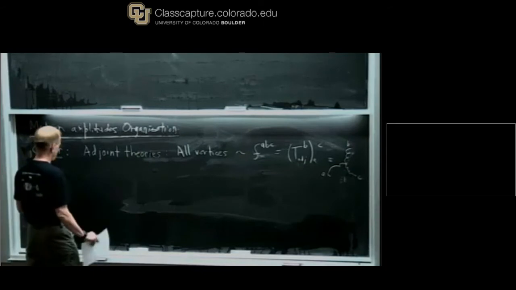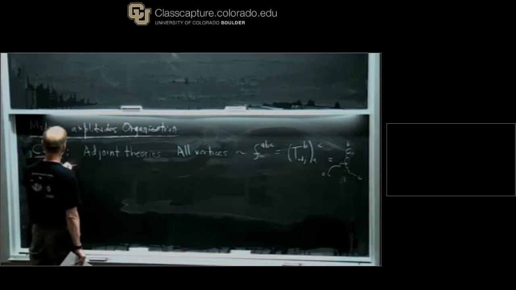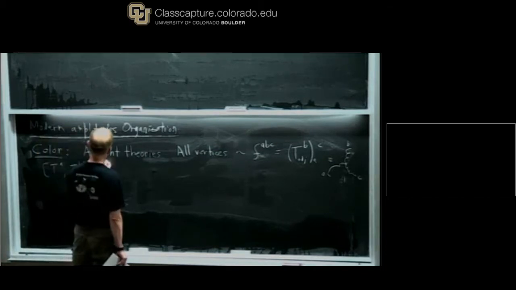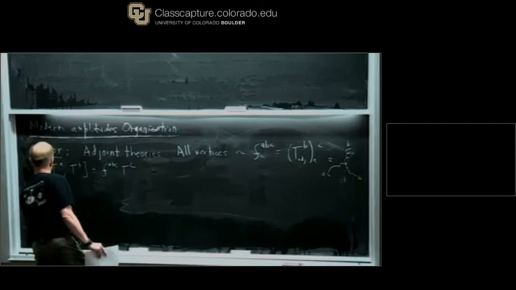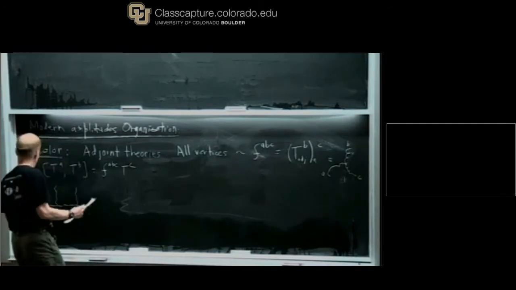So then I can write the fact that [T^a, T^b] is f^{abc} T^c. I can write that down in the following way. Well, I changed the indices a little bit.